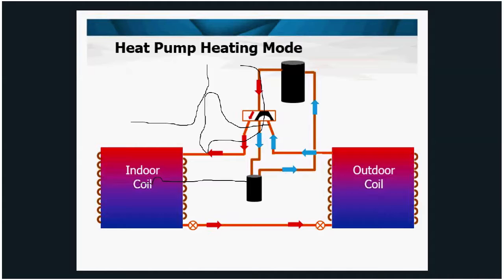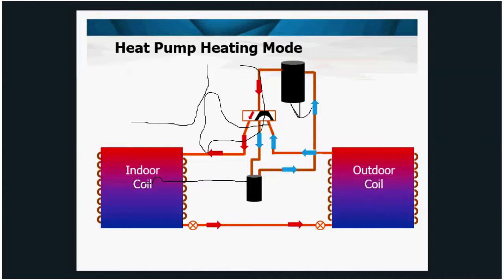Now, the accumulator, as I said, its sole purpose in life is to prevent liquid refrigerant from making it back to the compressor. When you have a heat pump operating in the heating mode, this coil out here has to be at least 25 degrees colder than the outside air. And plus, as it gets colder outside, that coil gets even colder.